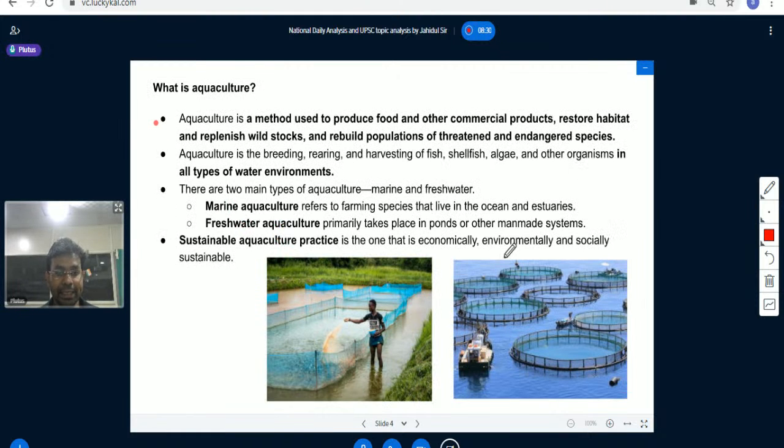Now let us see aquaculture. We will understand aquaculture, then hydroponics, then learn in detail about aquaponics. So what is aquaculture?